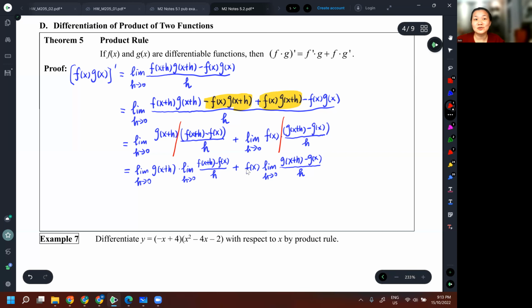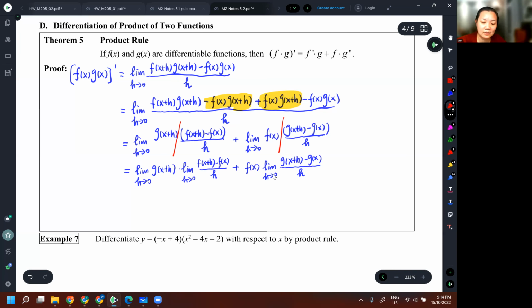Now here I'm sending h to 0. Anything that doesn't have h is a constant, so I take it out. Because this f of x right now doesn't have h in it, it's a constant regarding h, and then the last one is a fraction.